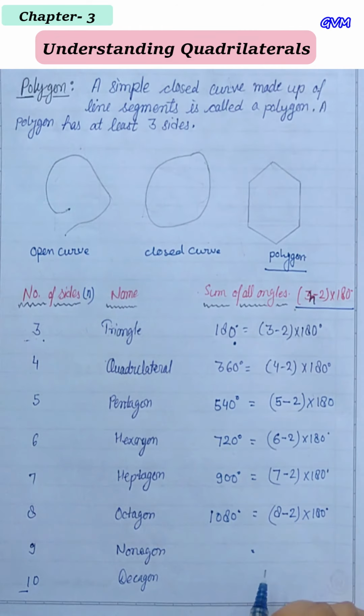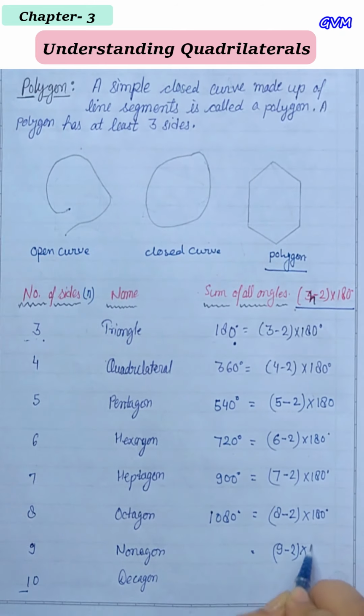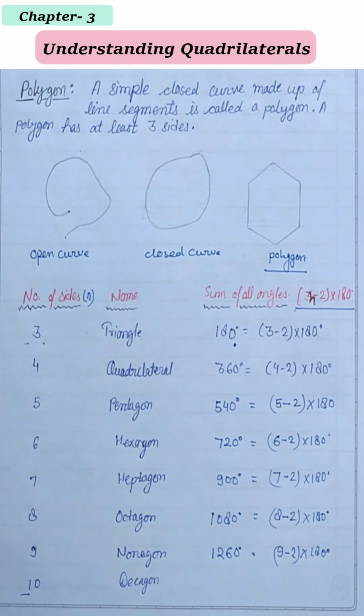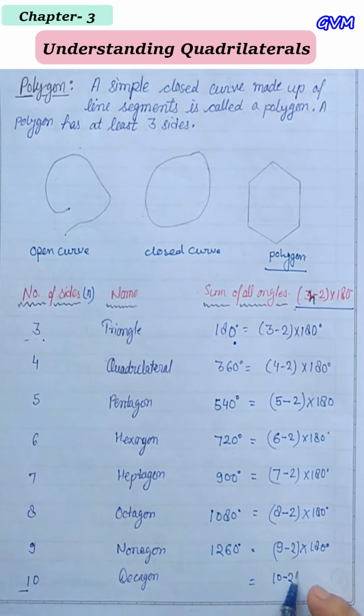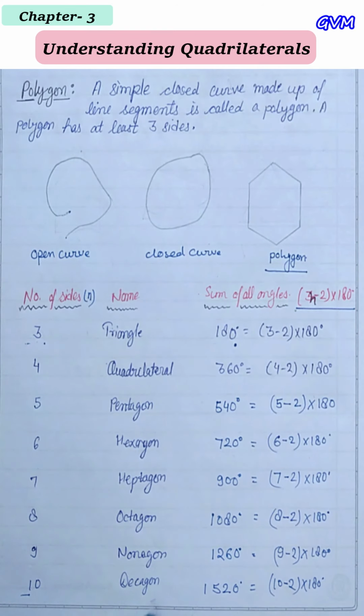Similarly, in a nonagon, we have 9 sides, (9 minus 2) into 180 degrees. So this will give us 1260 degrees. And in a decagon, we have (10 minus 2) into 180, and it is 1520 degrees. So in a decagon, the number of sides is 10.